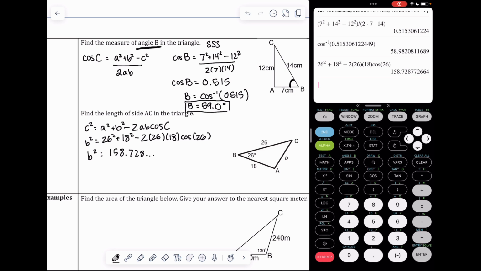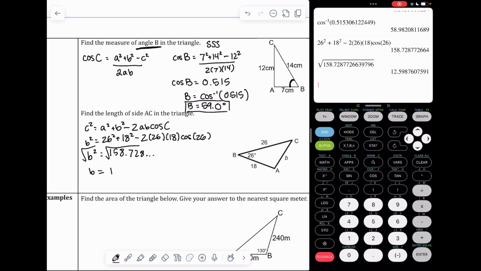That is not our final answer. I'm going to now square root each side, and again, rather than using some rounded answer, I'm just going to go up and get the one I have. To do that, it's the second x squared button, and then go up and grab that, and we get 12.6, rounding to 3 sig figs. This one here, we don't have any units, so it'll just be 12.6.